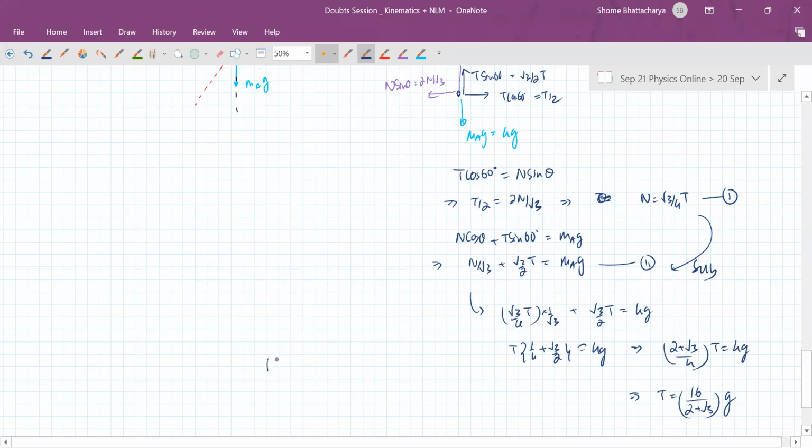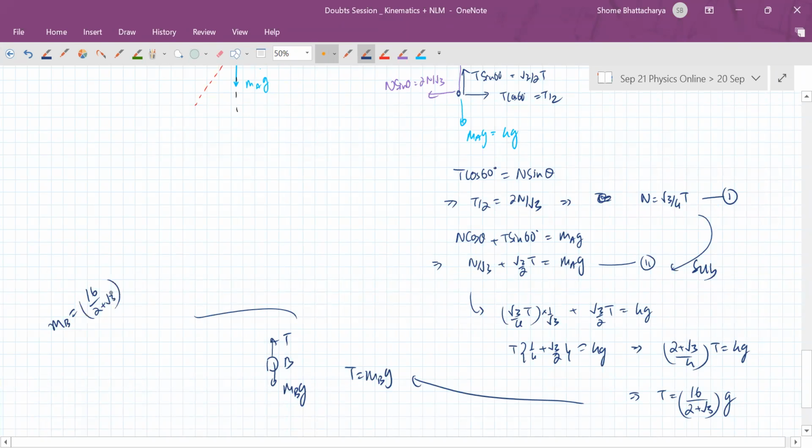Okay. And then when you look at B's free body diagram, it's very easy to understand that tension is equal to B's weight. So from this you can see that B's mass is 16 by 2 plus root 3, which you can rationalize and write as 16 into 2 minus root 3 divided by 4 minus 3, which is 1.